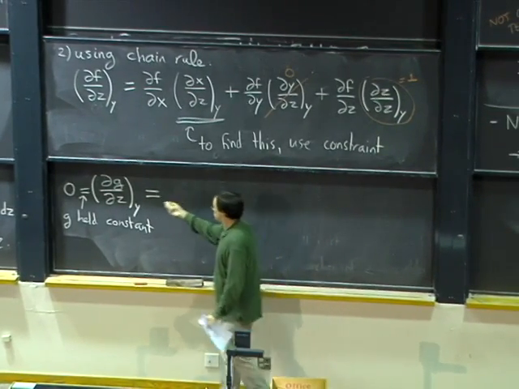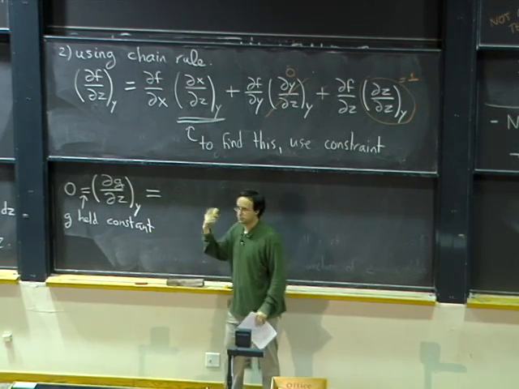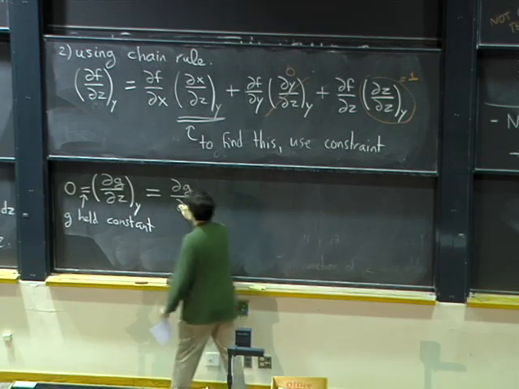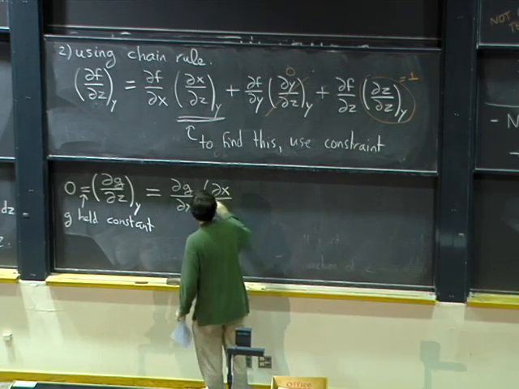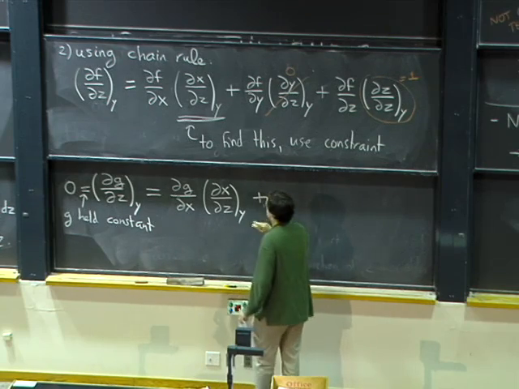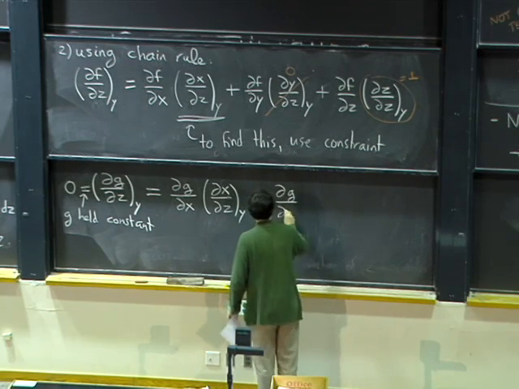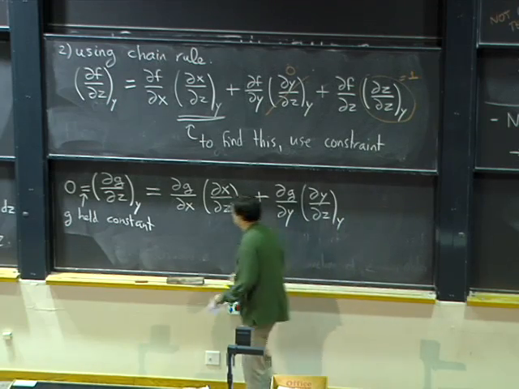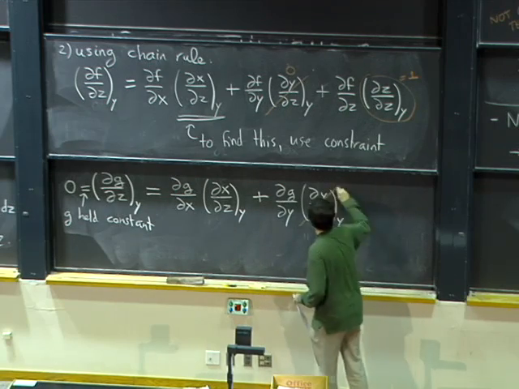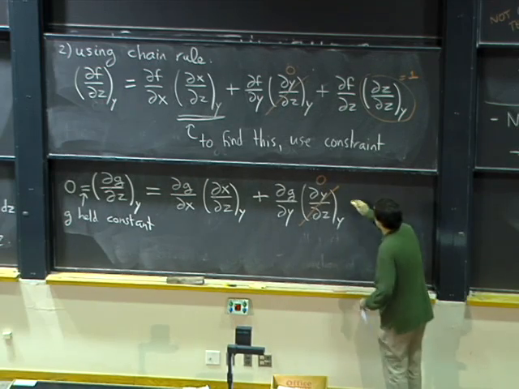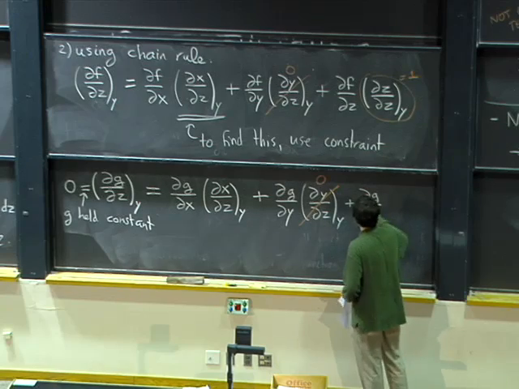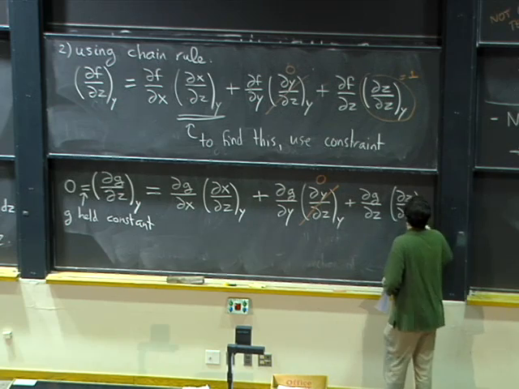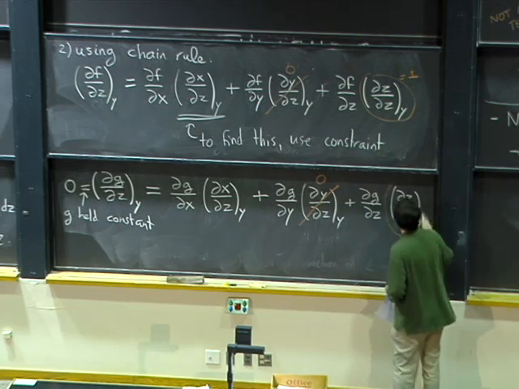Well, the chain rule tells us g changes because x, y, and z change. How does it change because of x? Well, partial g, partial x times the rate of change of x. How does it change because of y? Well, partial g, partial y times the rate of change of y. But of course, if you're smarter than me, then you don't need to actually write this one because y is held constant. And then there's the rate of change because z changes. And how quickly z changes here, of course, is 1.